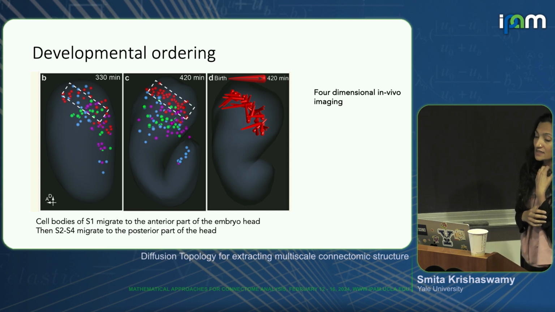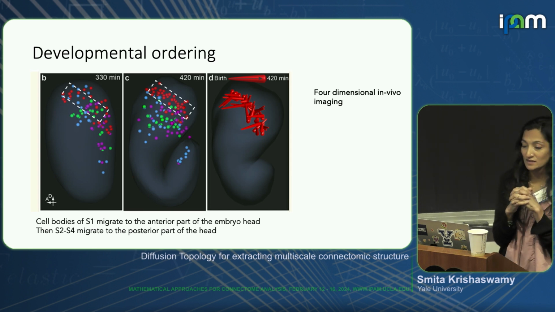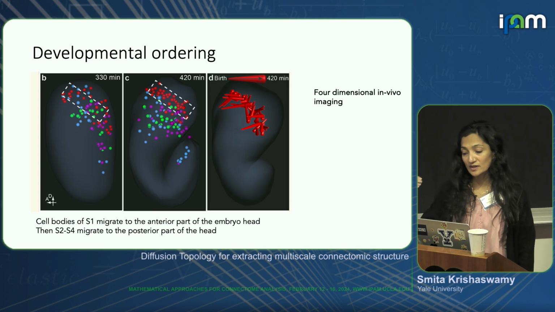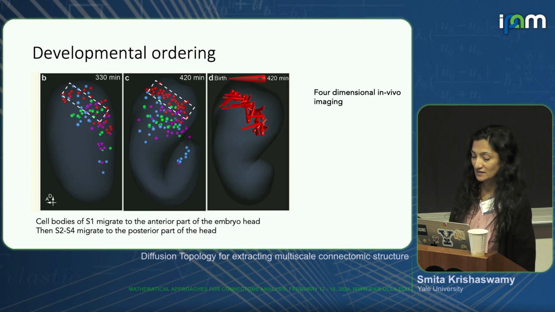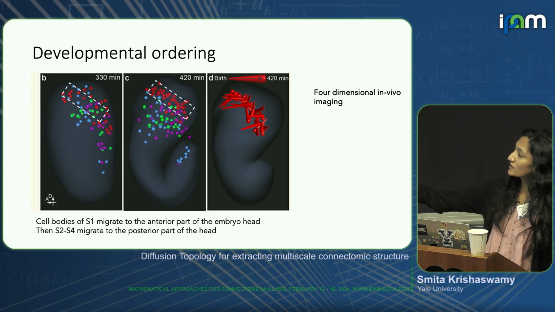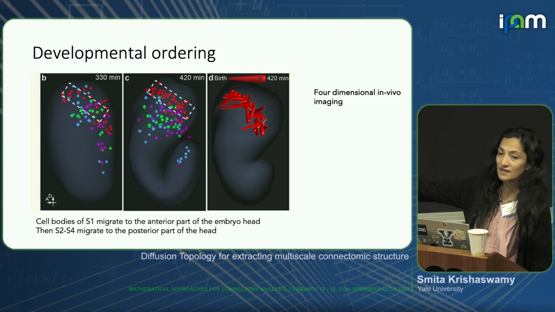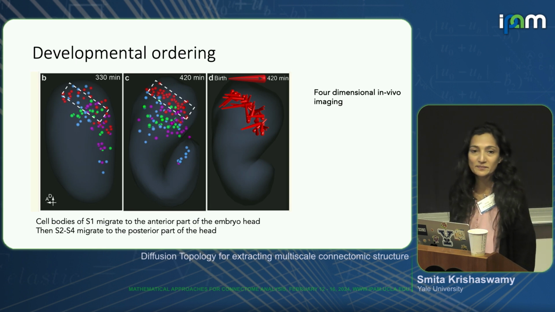And interestingly, this I actually didn't expect, but they did 4-dimensional in vivo imaging of these. And this is the worm during development, just hours after it's born. And it turns out the initial positioning, but not the final positioning of the neurons, follows the strata order roughly.